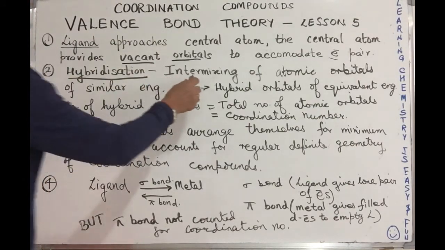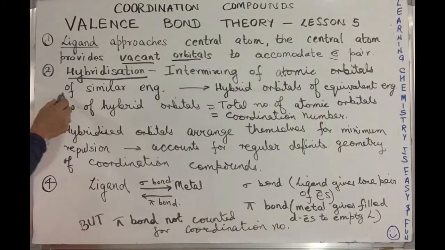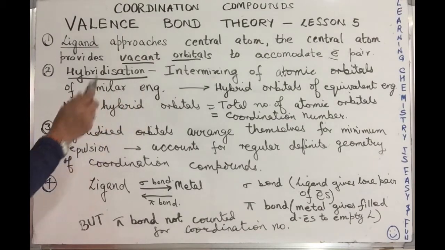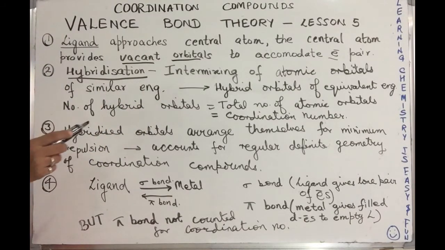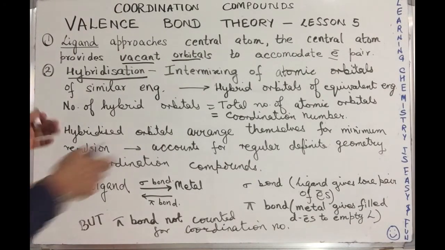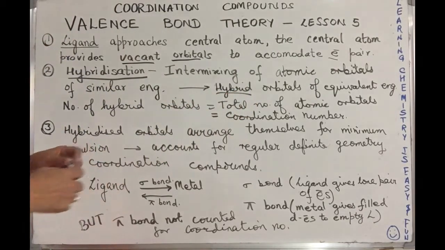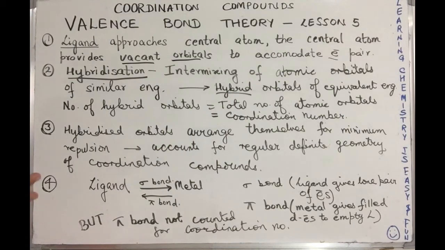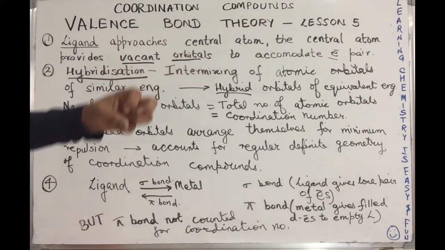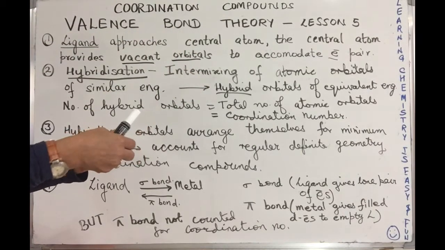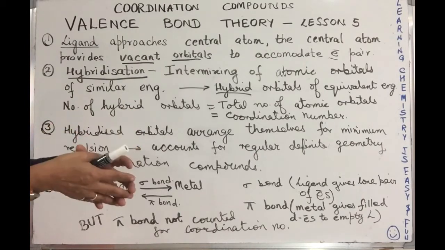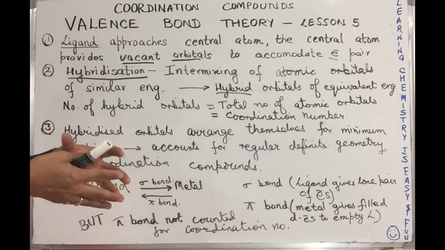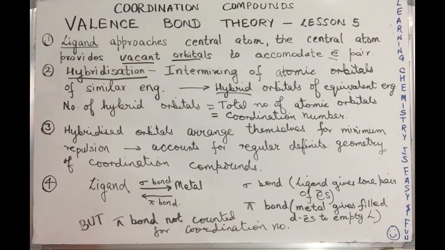Here, intermixing of atomic orbitals of similar energy takes place in order to form new orbitals. Now, these new orbitals are what we call hybrid orbitals. Just like the hybrid variety of wheat, the hybrid variety of various fruits. What is a hybrid variety? You take good qualities of one fruit, you take the good qualities of the other, and you have a new variety or new species, what we call the hybrid variety.